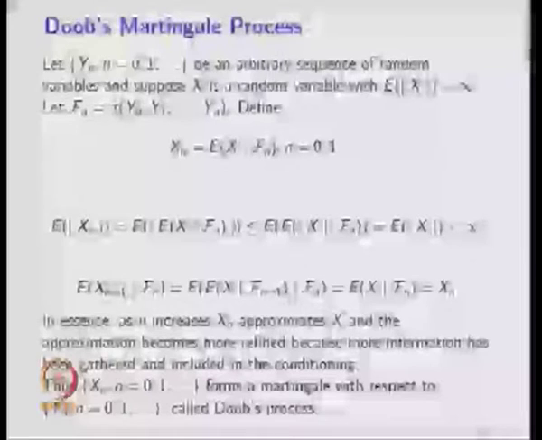Let Yn be an arbitrary sequence of random variables, and suppose X is a random variable with expectation in absolute value finite. Define Xn as the conditional expectation of X given Y0, Y1 and so on till Yn, for every n running from 0, 1, 2 and so on.